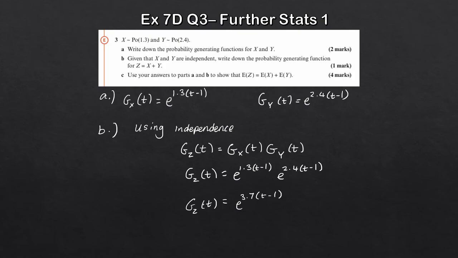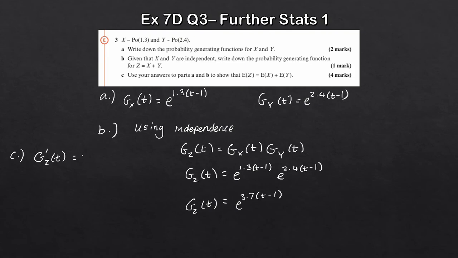And part C just wants us to use the answers to part A and B to show that the expectation of z is equal to the expectation of x plus the expectation of y. So what I'd do for this is work out the expectation for z first, work out the two expectations of x and y separately, add them together and show that they are equal. So part C, let's do z first. g prime of z, differentiating this here.